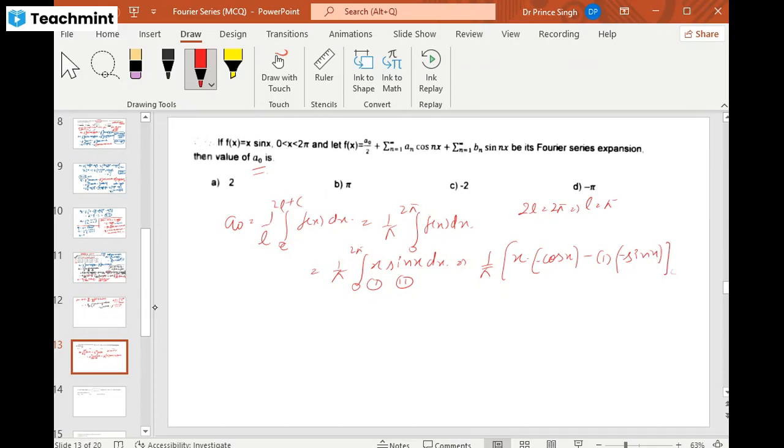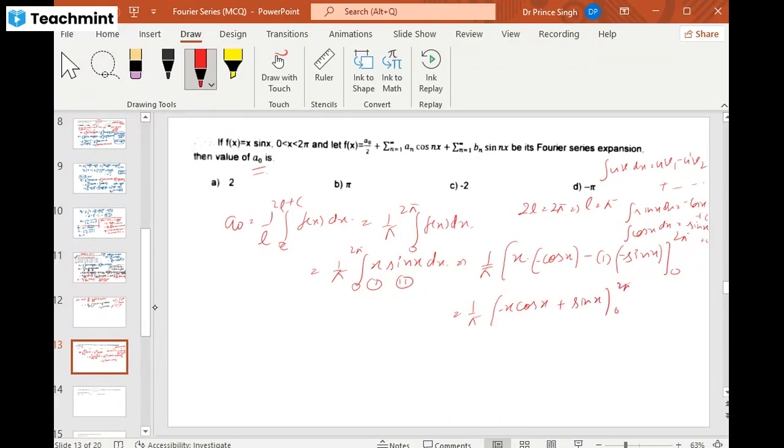Derivative of 1 is 0, so we stop our integration here, using integral of u into v as u v1, u dash v2, and so on. v1 means integral of sine x, we know that integral of sine x is minus cos x, and integral of cos x is sine x. Okay, so this is 1 upon pi, minus x cos x plus sine x.